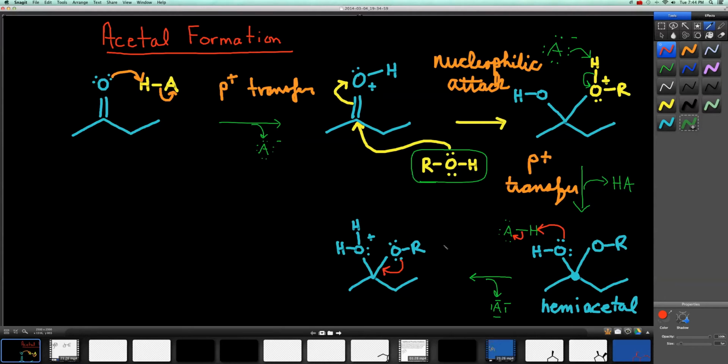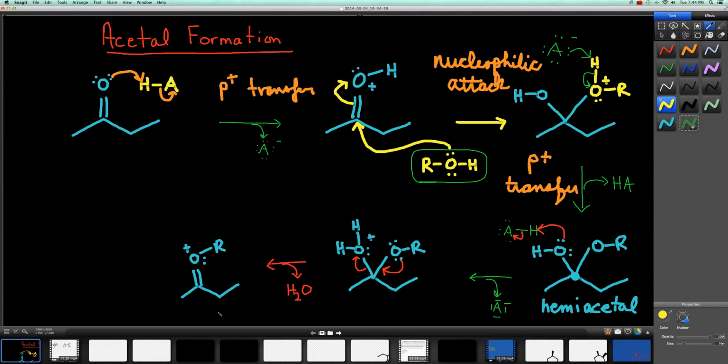That's a nice thermodynamic driving force in and of itself. And we will break the carbon-oxygen bond and water will now leave. So the driving force here really is an increase in entropy. And notice what I now have. I have already built in an activated carbonyl carbon because this oxygen will be positively charged.